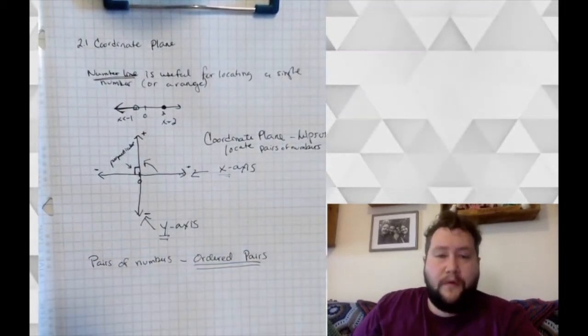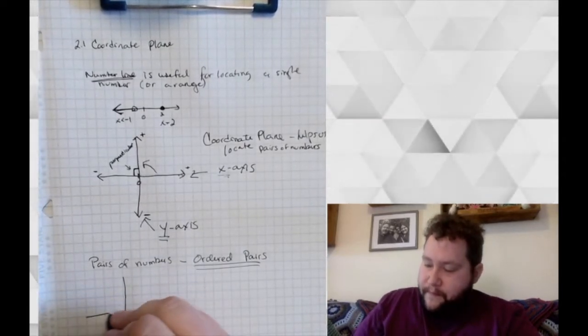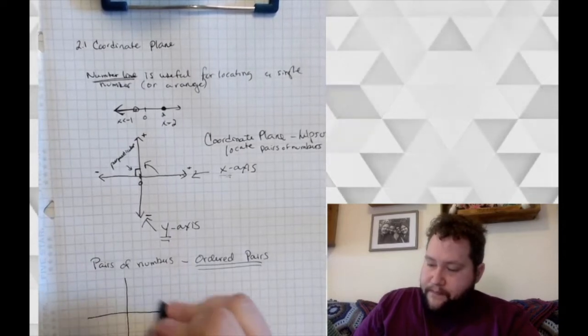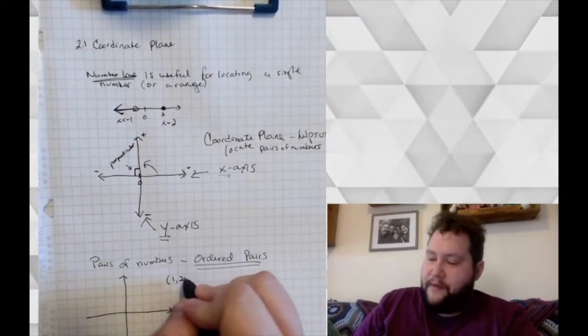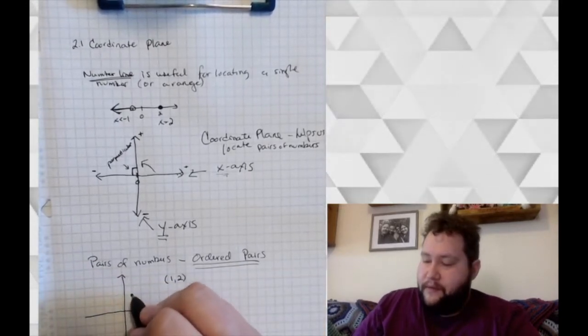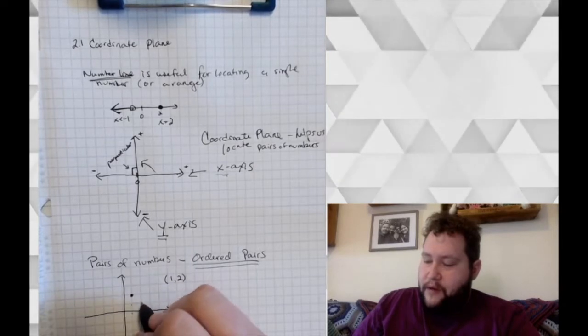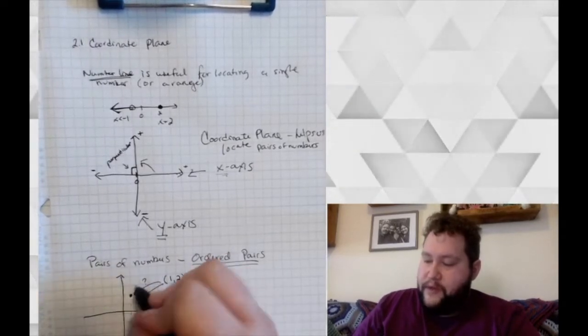The reason we use ordered pairs is because suppose I have a coordinate plane, and I say plot the pair of numbers 1, 2. Well, how do I know if that's over 1, up 2, or up 1, over 2? So which one?